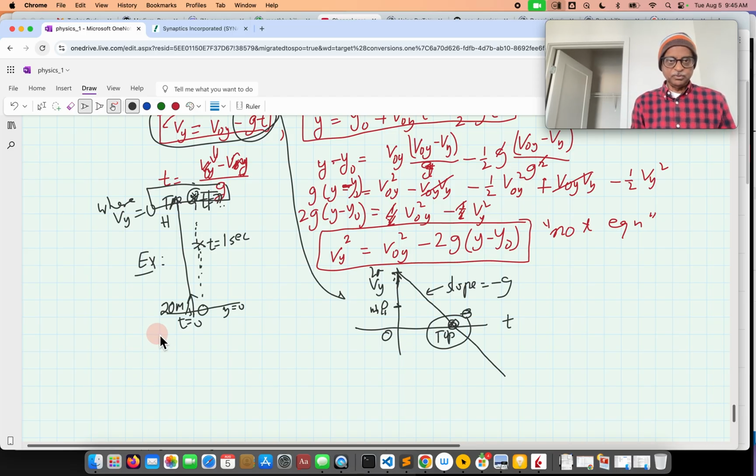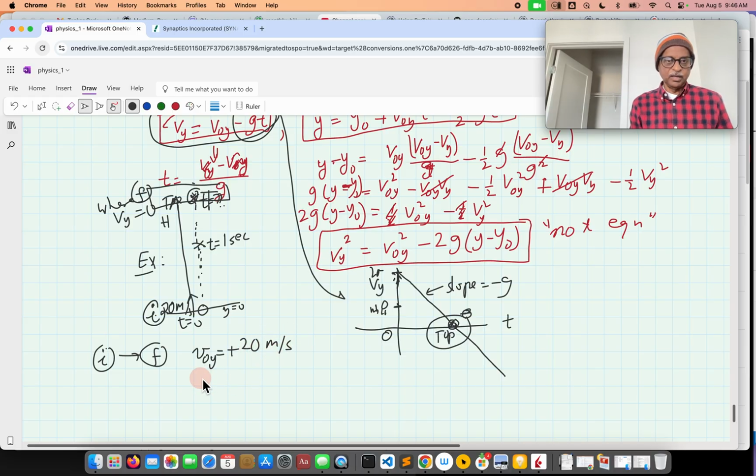Oh, all right, so if this is my initial and this is the final, let's take those two for this question. So initial to final. What do we know? We know V0y is plus 20 meters per second, and we're already using this equation because it's just a gravity thing.